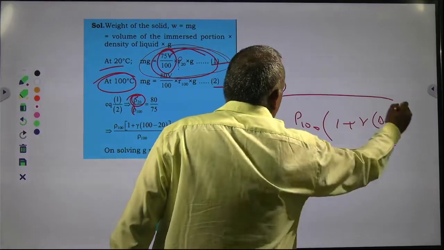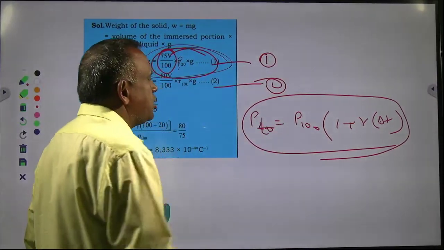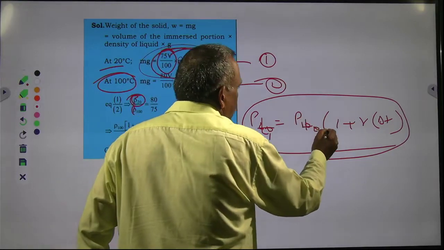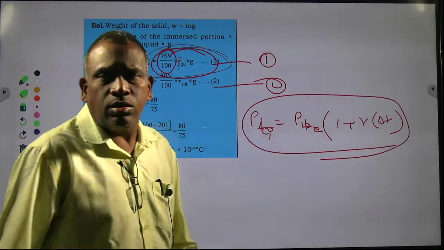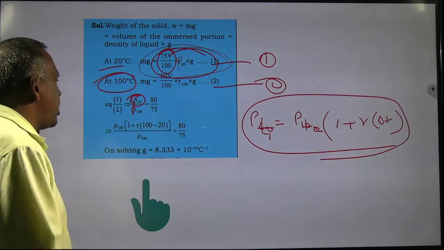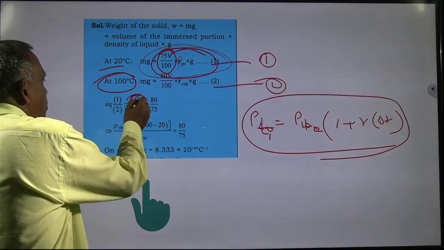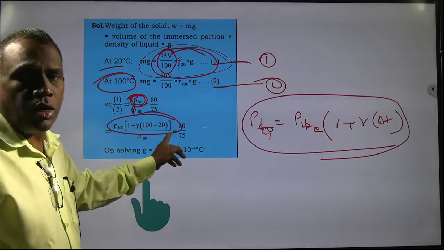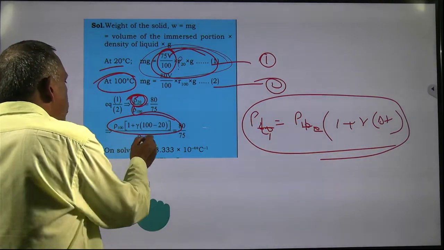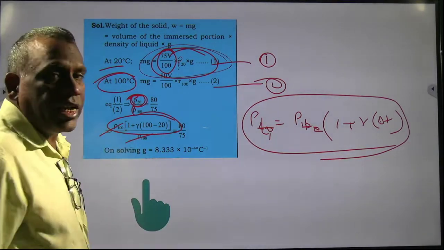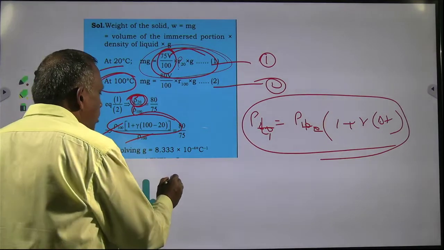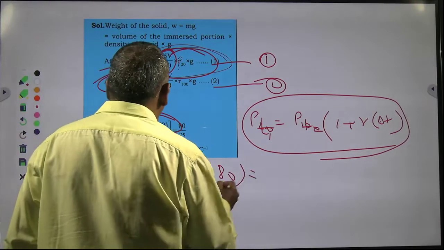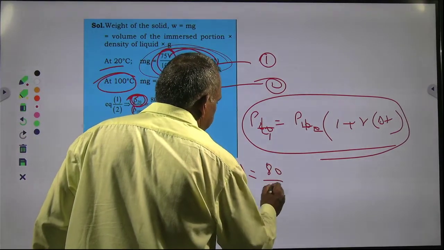This formula you can use: rho T1 is equal to rho T2 into (1 plus gamma into (T2 minus T1)). Applying it for rho 20 equals rho 100 into (1 plus gamma into (100 minus 20)), upon rho 100, the rho 100 gets cancelled. You get 1 plus gamma into 80 equal to 80 by 75.